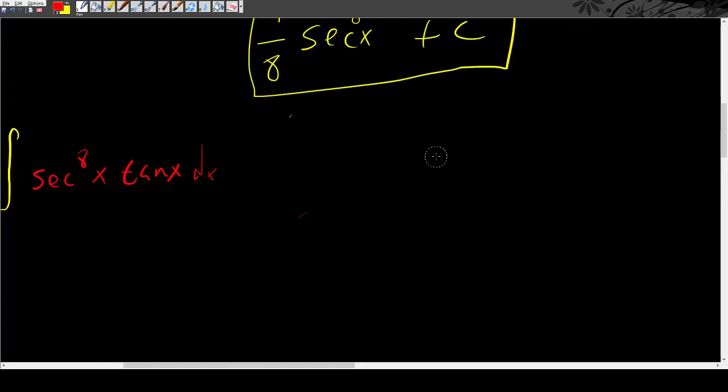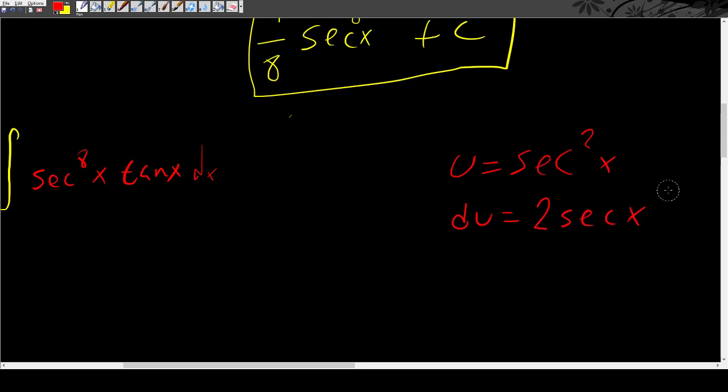So u has a degree of 2 on your secant there, and then du is equal to, let's see, you take the exponent out in front, 2 secant x tan x. Okay? So now you should be able to see this is going to be squared up here.